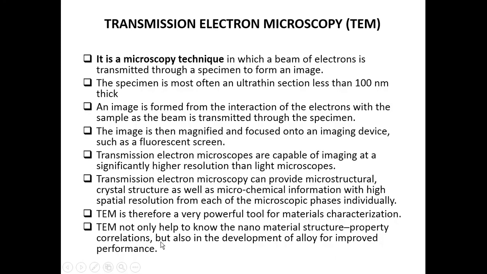Actually, TEM helps to know the crystal structure, that is the microcrystal structure, and property correlations. What are all the constituent parts in that particular crystal structure? If it is an alloy or a compound, then what are all the alloys which actually constitute that particular material? All such information is possible to get from TEM microscopy. Okay, spectroscopy we say.